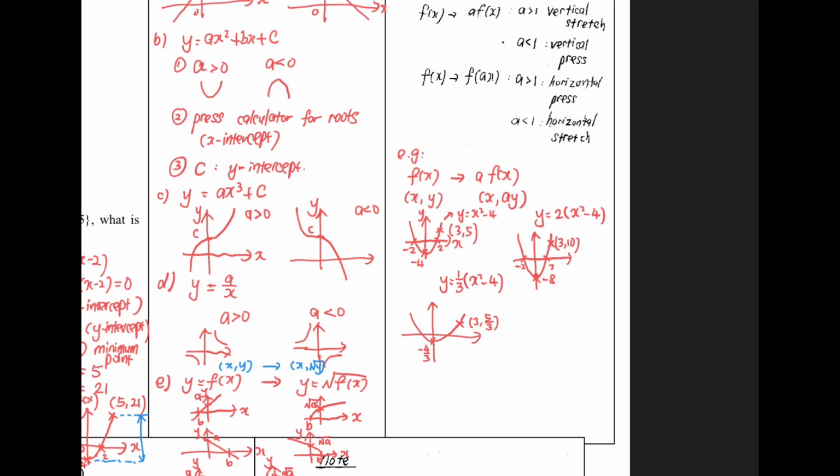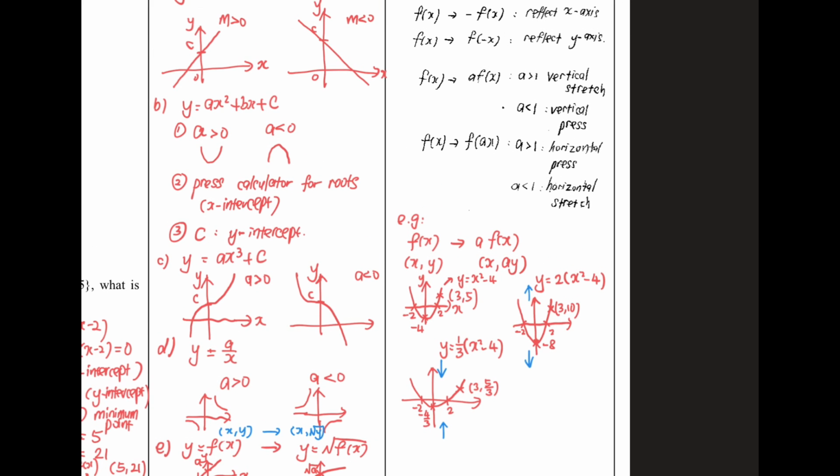The x-intercepts, 2 and minus 2, are not affected. So you will feel like we are pressing the graph vertically. Let's see the blue arrow. We are pressing it vertically. Just now, the second graph here, you will feel like this is vertical stretch. As you can see the blue color, we are stretching it up and down.